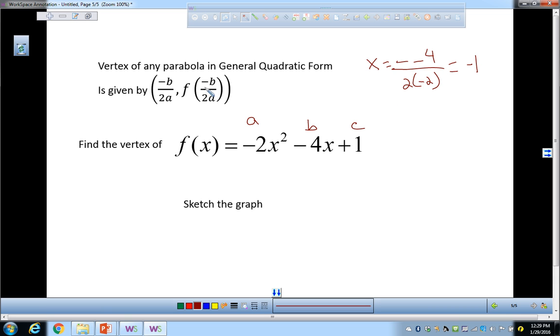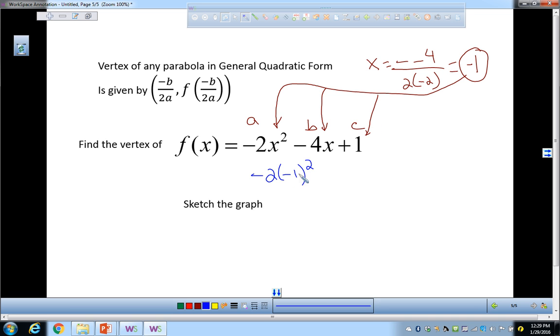This says to find the y-coordinate, I need to take this and plug it into the function. I'm going to take negative 1 and plug it in there. I'm going to be very careful with my order of operations, because when I do that, I get negative 2 times negative 1 squared.